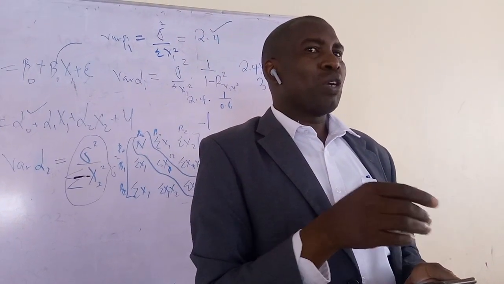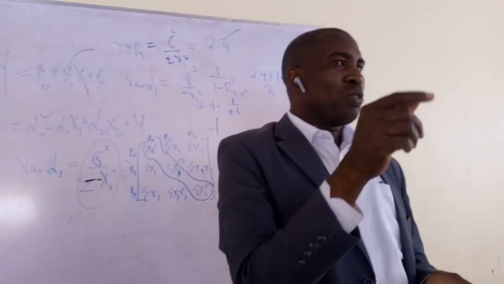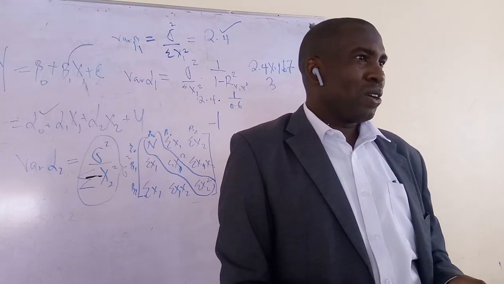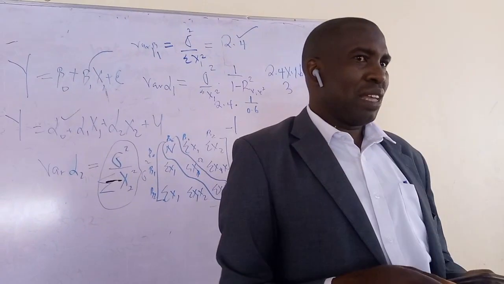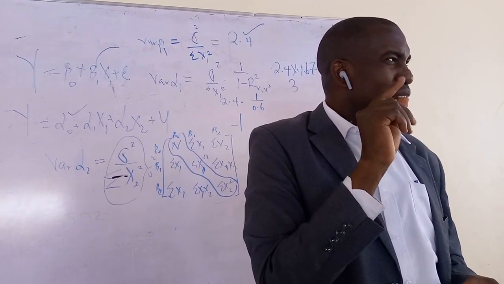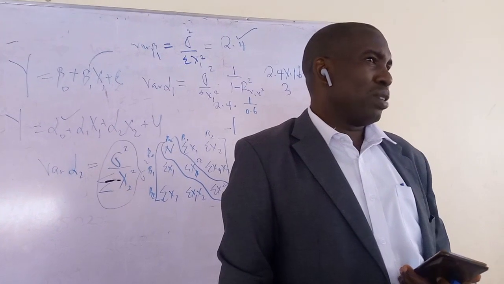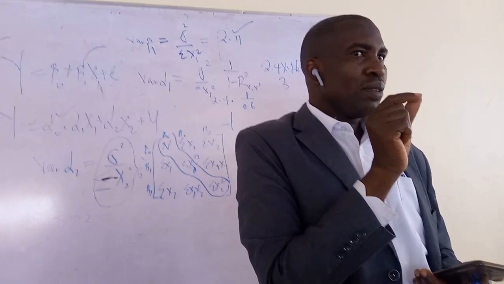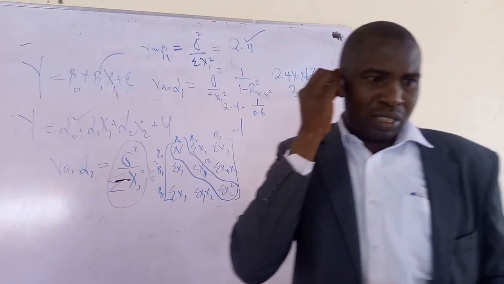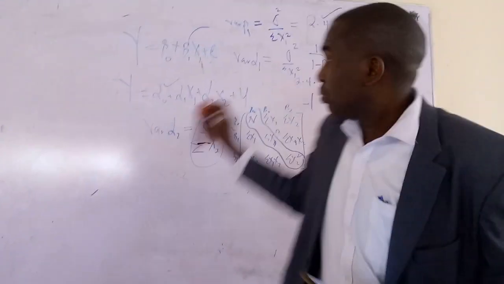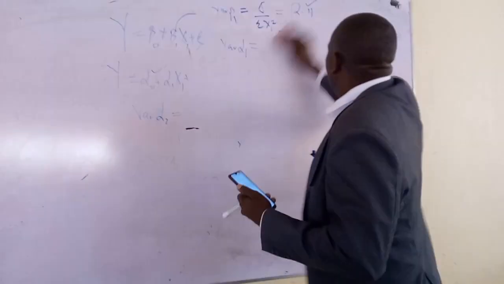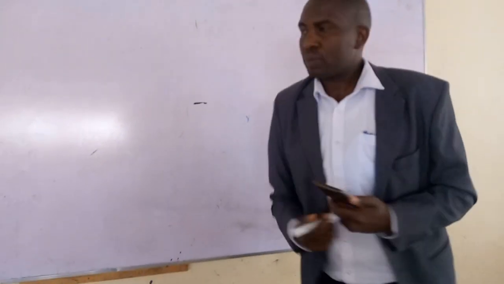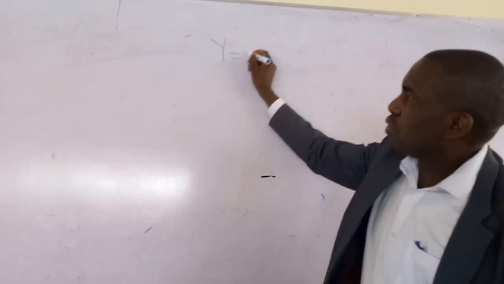So what you can do, let us start, for example, if you think you have included an irrelevant variable, how can you test it? Let us start from there. You are assuming that you may have included a variable that you were supposed not to have included. So how can you go about it? The first thing to do, assuming this is the model, you consider this model.